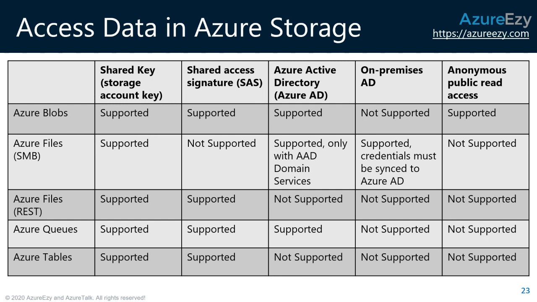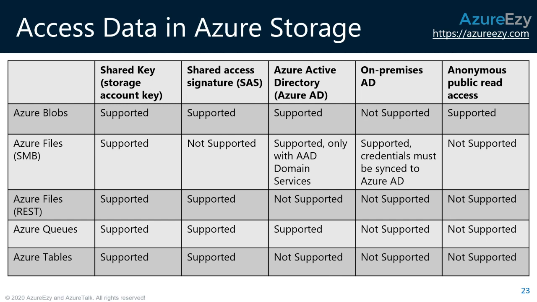Then we have a second option. You can also authorize your Azure storage service using a SAS signature. The SAS signature is supported for all the Azure storage services except Azure File SMB. It doesn't work for Azure File SMB, but it works for Azure File REST.